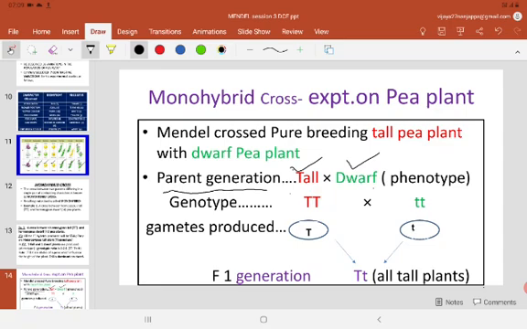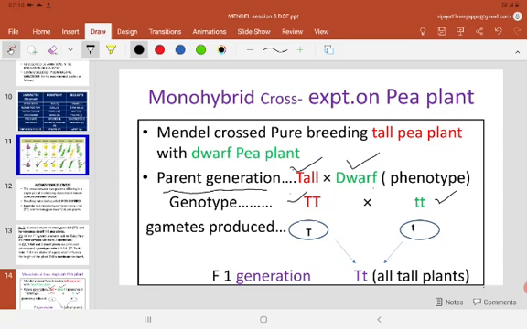Both are homozygous. So the genotype is capital T T for tall, and for dwarf it is small t and small t. When these plants produce the gametes, meiosis, reduction division, takes place. So only one of the alleles will enter into the gametes in relation to height of the plant.